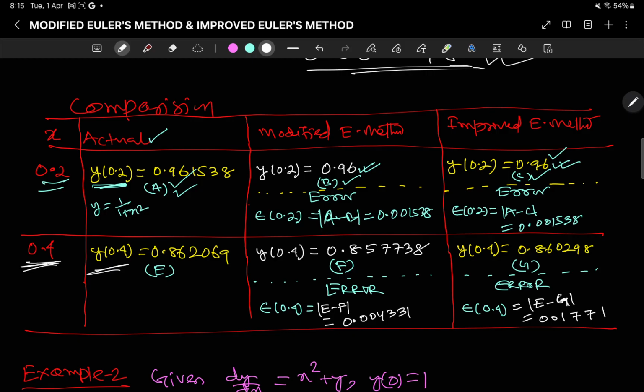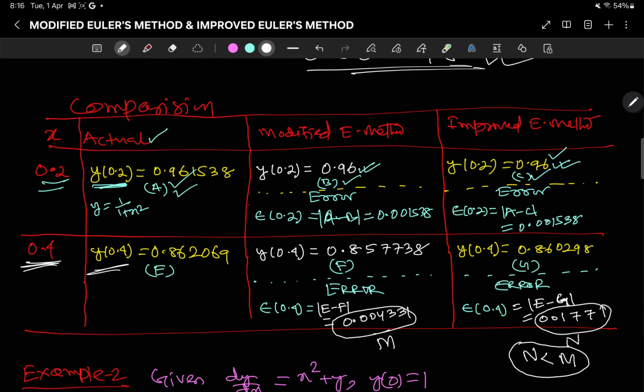Okay, so you see these two errors are not the same. However, this is smaller than this; suppose this is my m and this is my n. So I am getting the error by n is smaller than m, right? n is smaller than m.